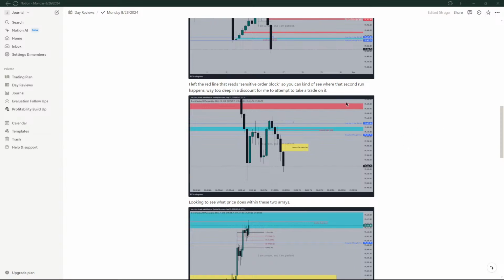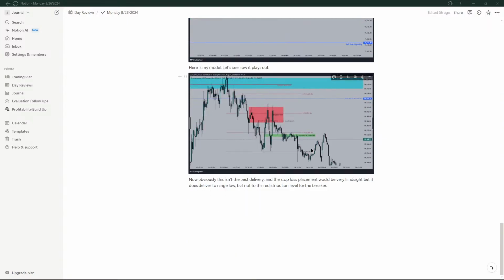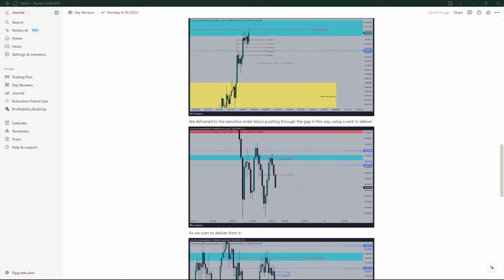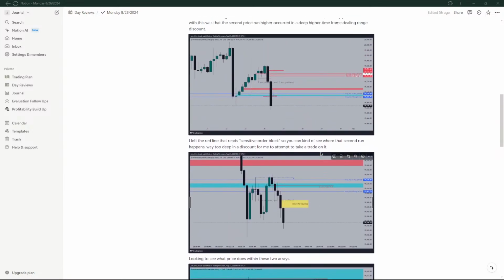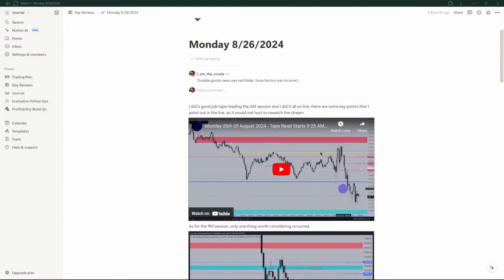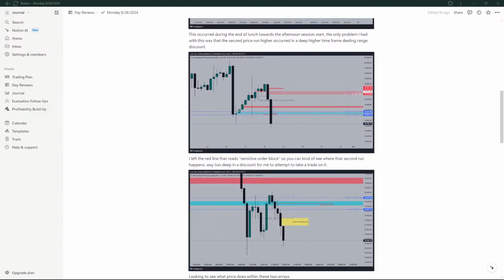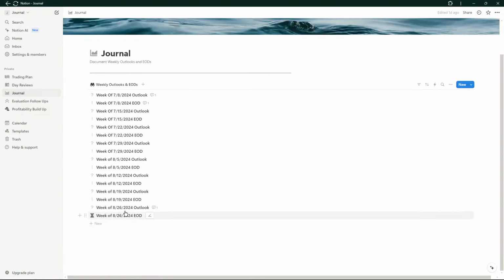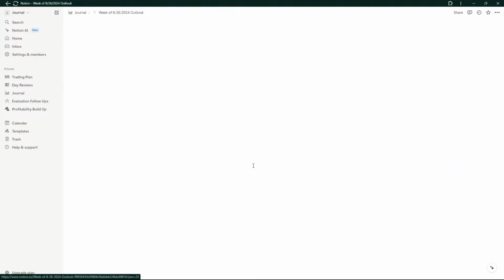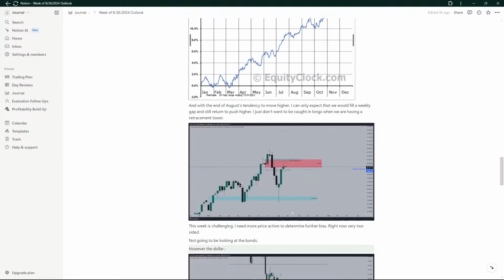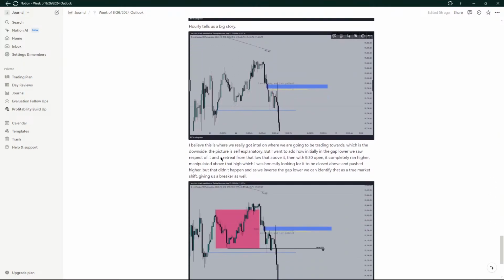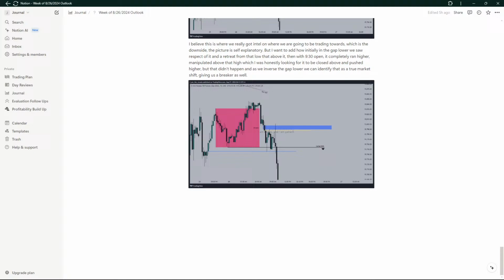Okay, it's showing up on my screen, so I think you should see it. Where was it? Oh no, it wasn't here. It was on my journal. Yeah, here's the update. I had a screenshot that said it a lot.